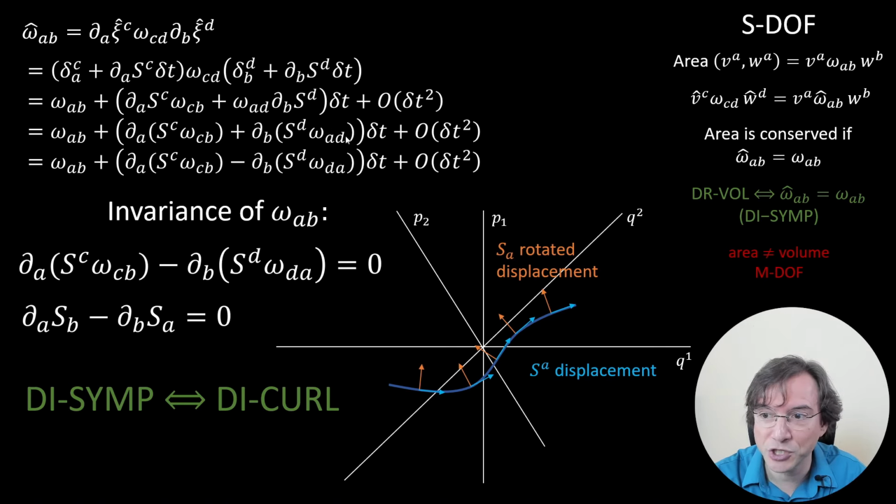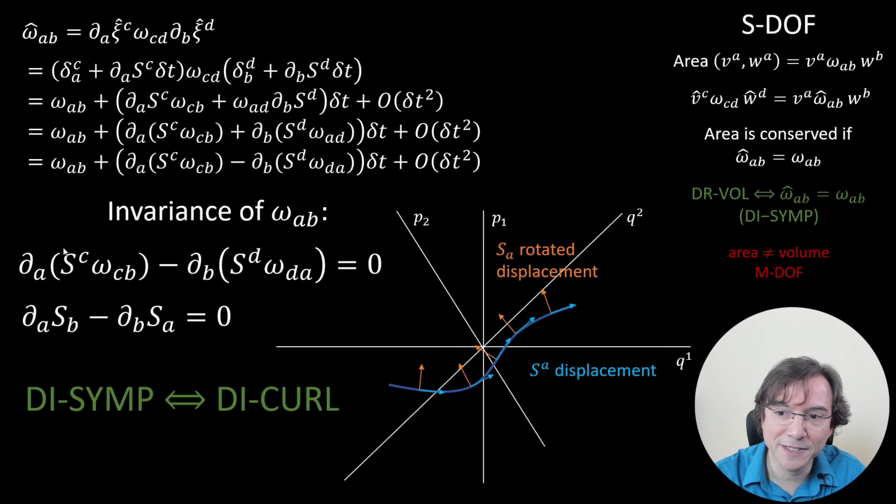So if we switch the order, you get a minus sign. So we switch the order such that we are always contracting with the first index, and then a minus sign appears. And you see now the first term here, it's the partial derivative of A with SC omega CB.